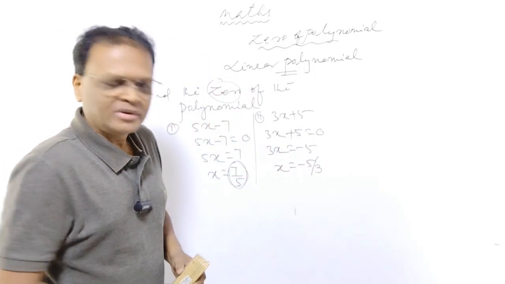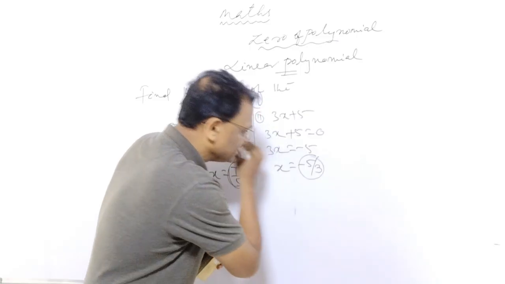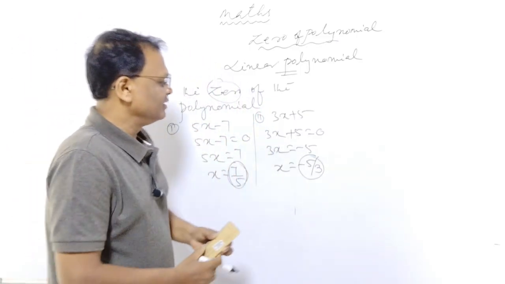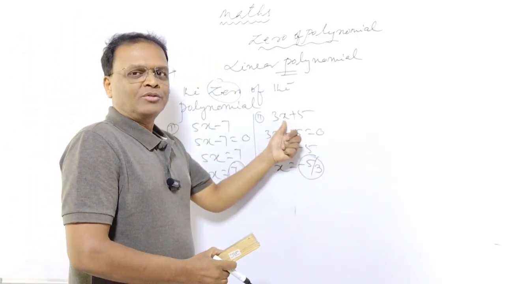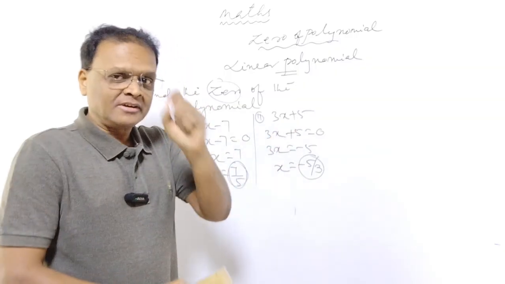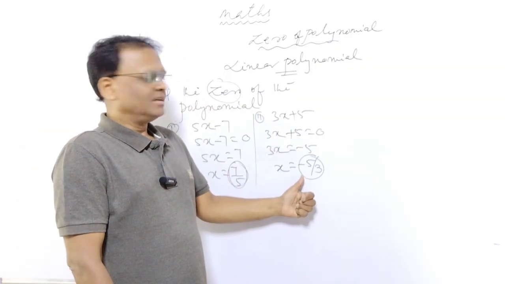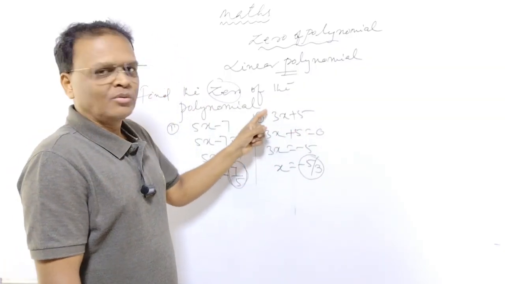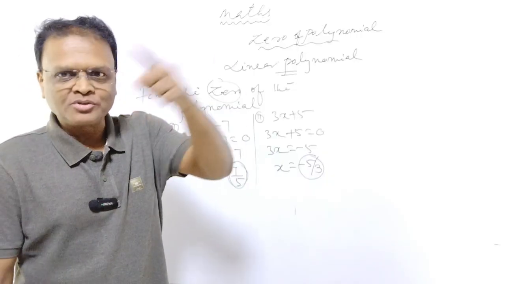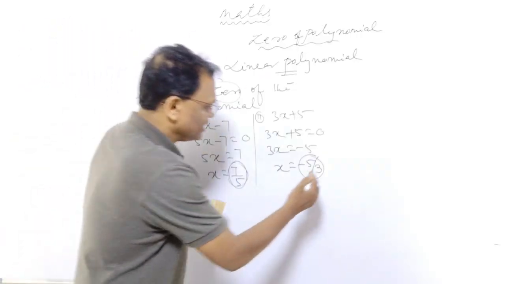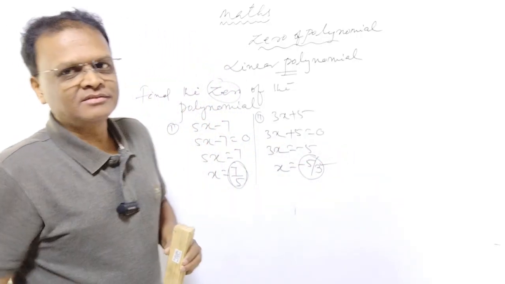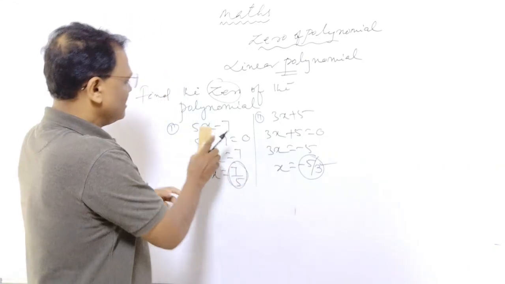So what is the 0 of this polynomial? The 0 of this polynomial is minus 5 by 3. So instead of this x value, if I write minus 5 by 3, then this polynomial will definitely become 0. And hence this minus 5 by 3 is the 0 of the polynomial.